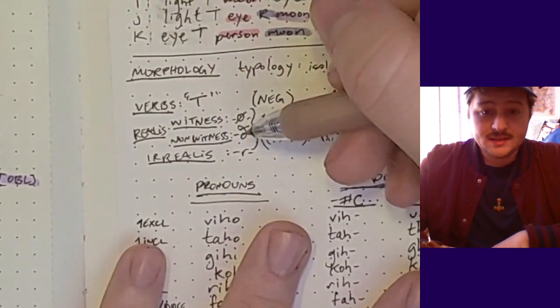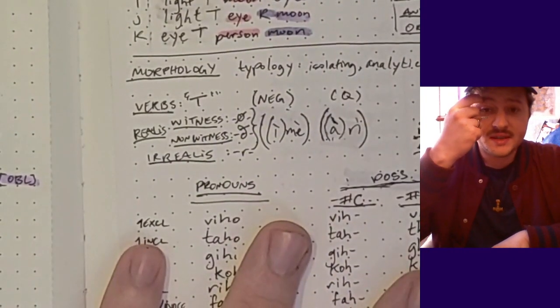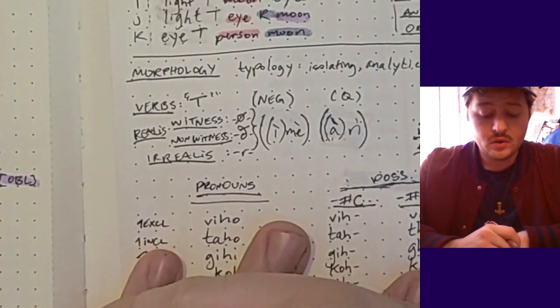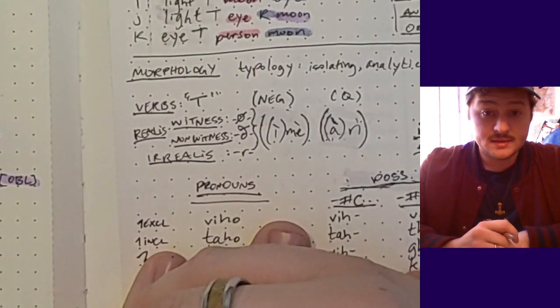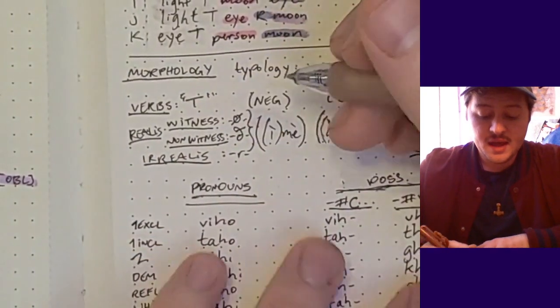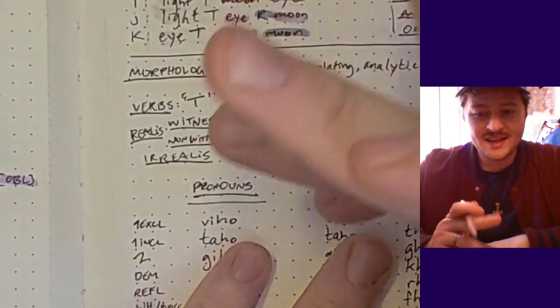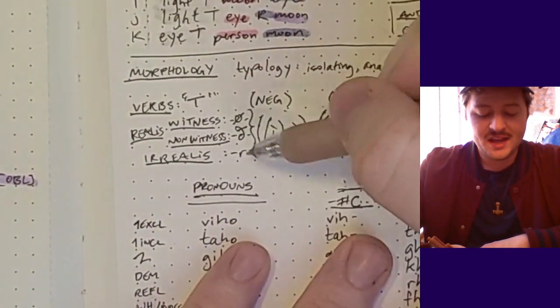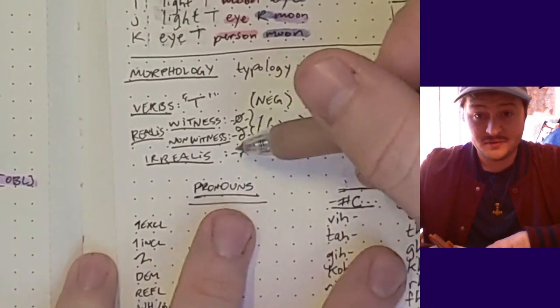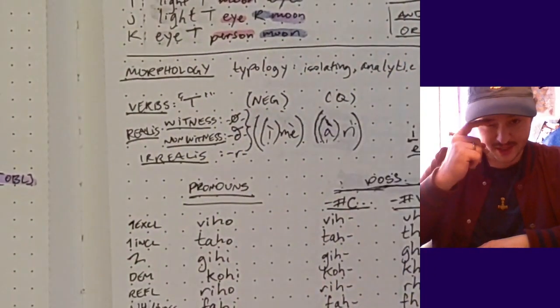But irrealis is going to be used for things like wishes, hopes, hypotheticals, commands. Those are the main places where you're going to use them. And I already have a verb that actually has a meaning change if you put it into the irrealis, and that gets used for a lot of things. I will give that example when we get to the vocabulary.